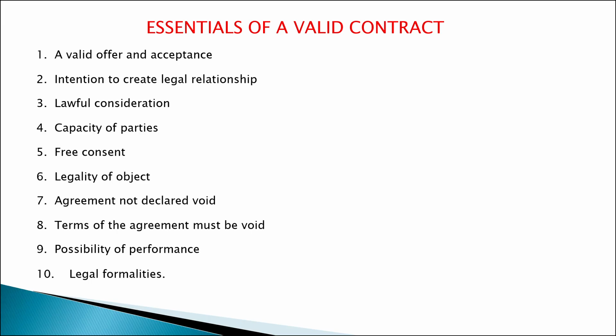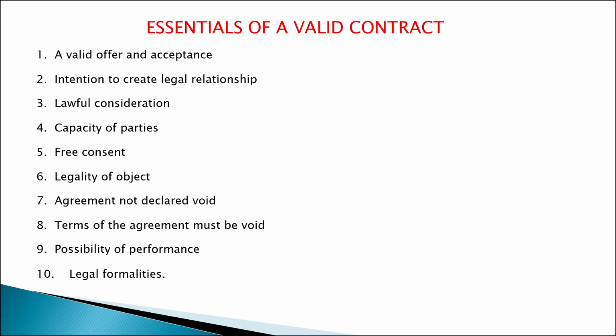For example, B agrees to sell his bike to Q for rupees 25,000. Q's promise to pay is the consideration for B's promise to sell the bike, and B's promise to sell is the consideration for Q's promise to pay. So consideration must be real and lawful.